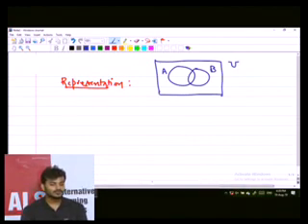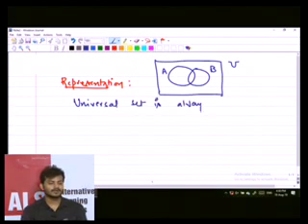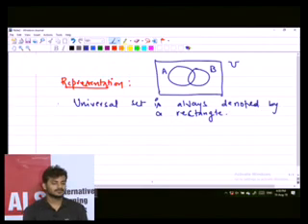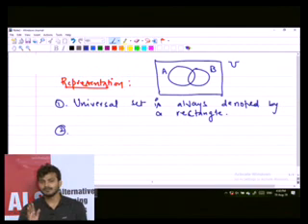Now you see, the universal set is always denoted by a rectangle. First thing first, for the universal set we will make a rectangle.